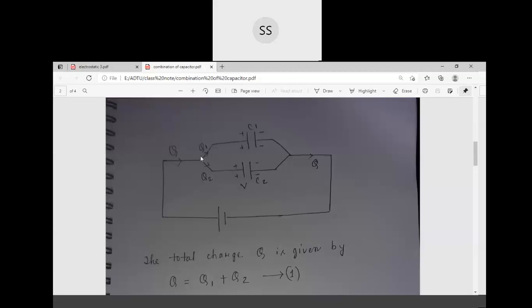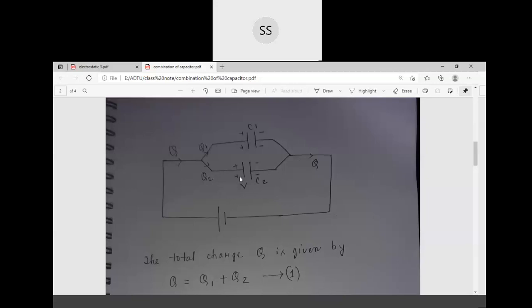So the charge will divide into Q1 and Q2, and each goes through a separate capacitor. Q1 will go through C1 and Q2 will go through C2, and here also Q will be the same.